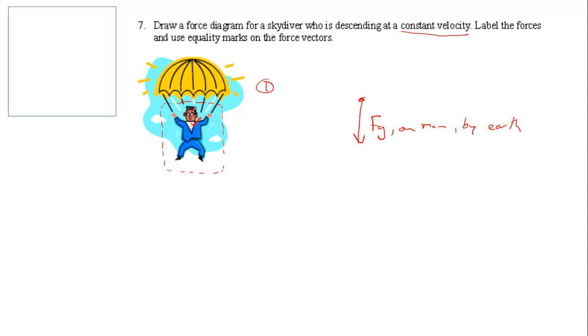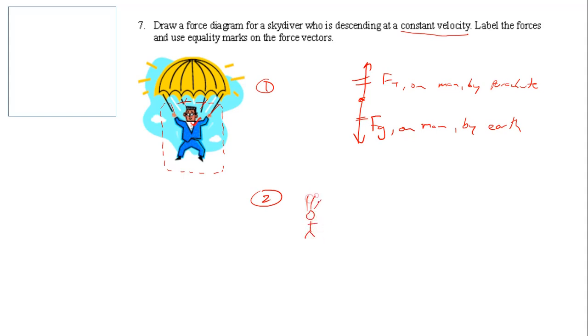And what's pulling him up? Air resistance isn't pulling him up. These ropes are pulling him up. So he's got a tension force on man by parachute. Those are equal.